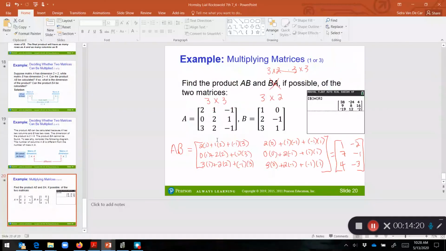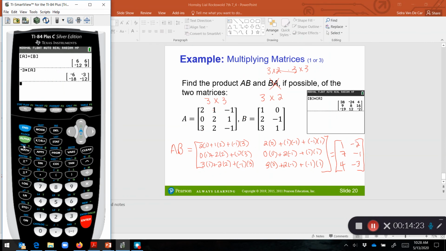All right, let's see how to do this on the calculator. I'm going to go over here to the matrix menu, and I'm going to edit matrix A to be 3 by 3. The entries there are 2, 1, negative 1, 0, 2, 1, 3, 2, negative 1.